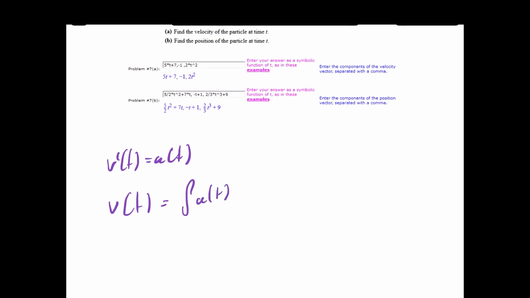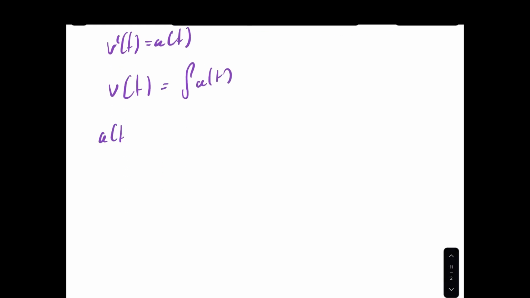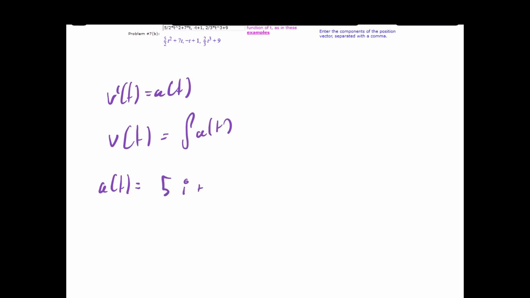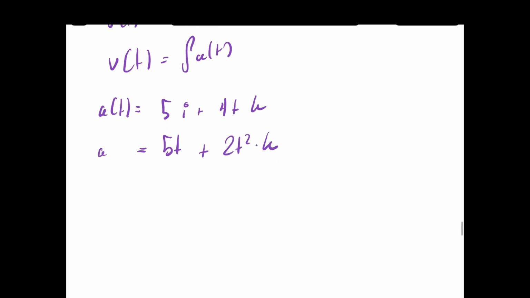There we go, guys. That makes a lot more sense. And so a of t equals, what is it? 5i plus 4tk. Integral would be 5t plus, just simplify that, 2t squared times k plus c.